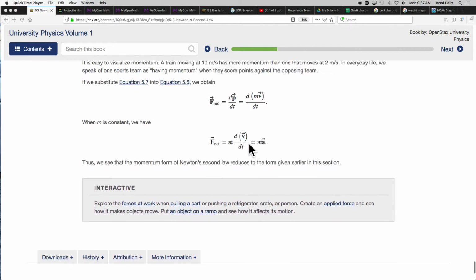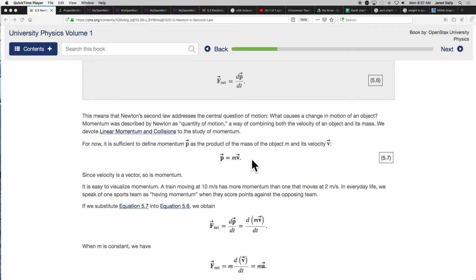But this actually gives us an introduction to another very important thing in physics, maybe one of the most important things. If you went through physics and gathered up the 5 or 10 most important things in physics, momentum would definitely be on the list. And why is that? Because momentum is one of the few things in the universe that is truly conserved.